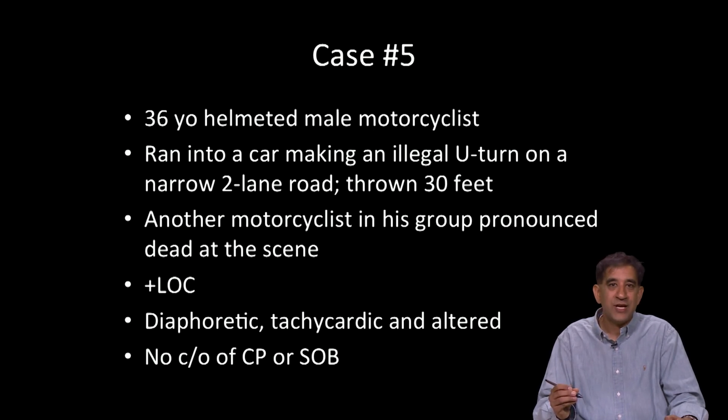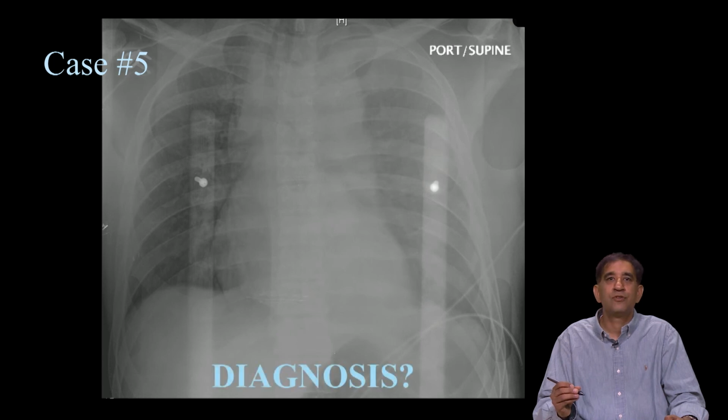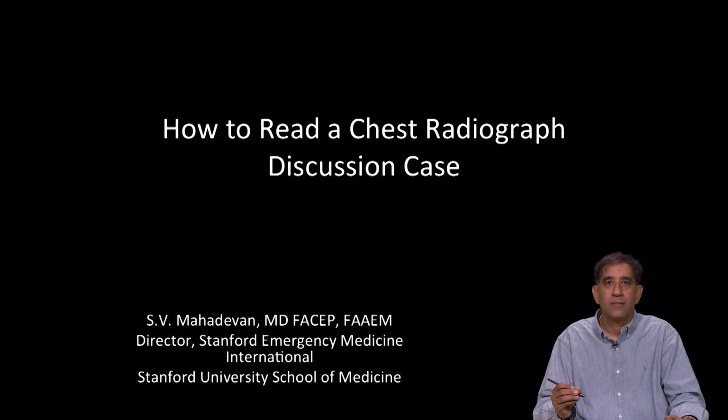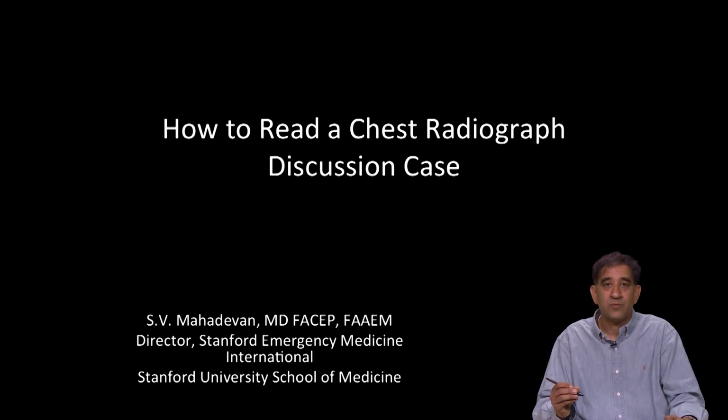He denies any chest pain or shortness of breath. So let's take a look at his chest x-ray. What's your diagnosis? These have been 5 challenging chest x-rays that we will discuss in our expert analysis.